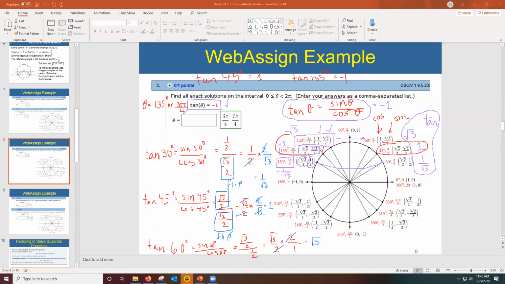And again, the way I figured that out is I said to myself, if the tangent is going to equal -1, the only way that can happen is if the sine and the cosine are the same value, but opposites of each other. Is there another angle on the unit circle where the sine and the cosine are equal, but just different signs? One is positive, one is negative. How about the tangent of 225? Can anyone comment on what is the tangent of 225?